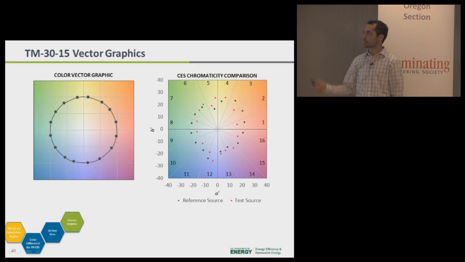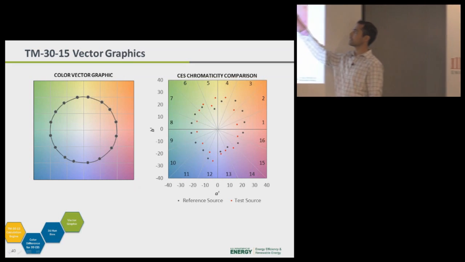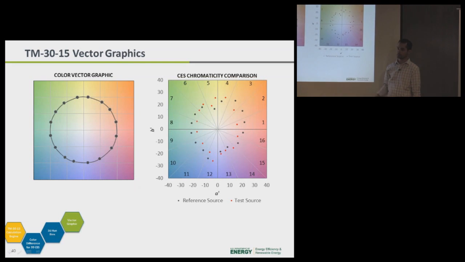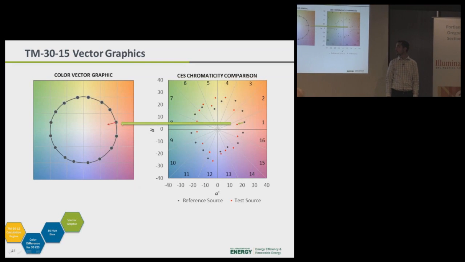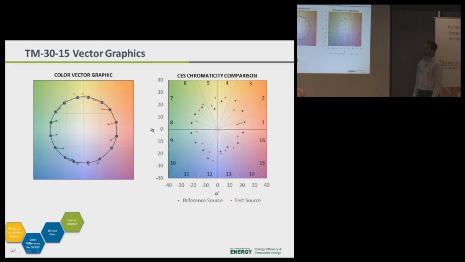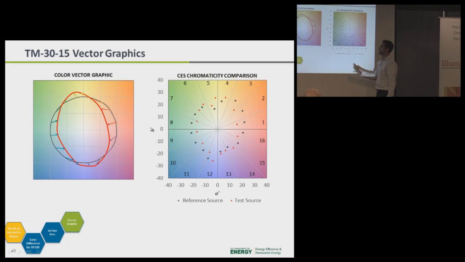So what that allows us to do, I'm going to get into the vector graphic first, and then we'll get to what we can do from there. So we can then normalize each of these 16 bins to a circle. We can transfer the color difference from the average bin to that circle, do that 16 times, and now we have this graphic showing all the distortions in the hue plane.